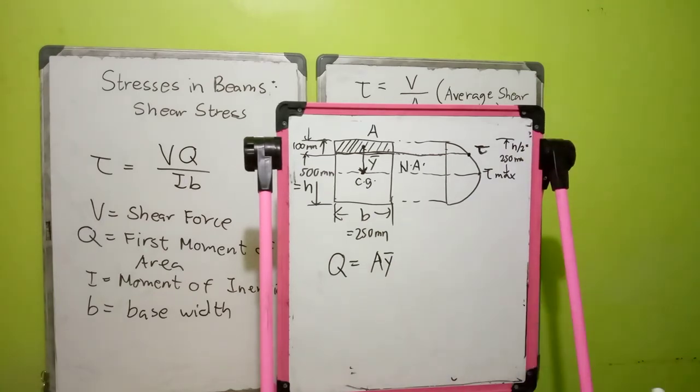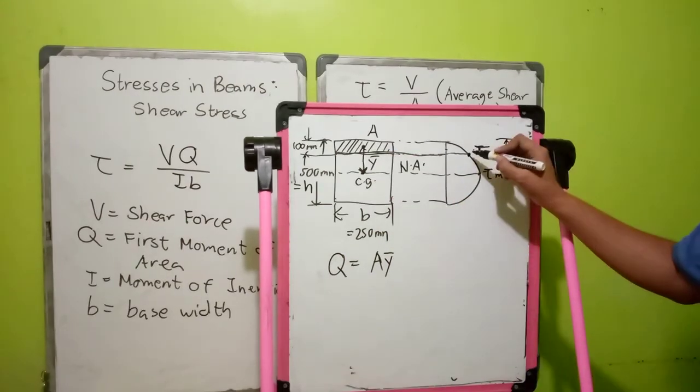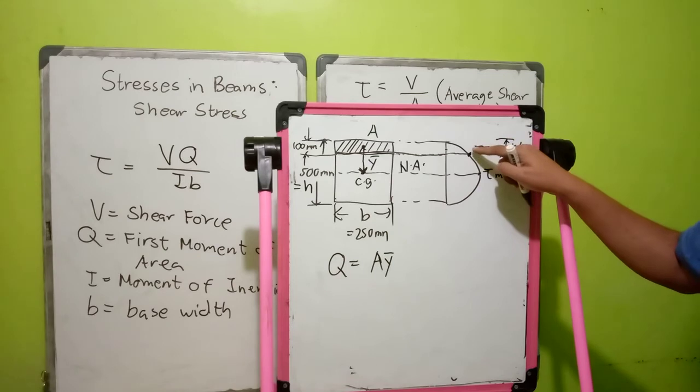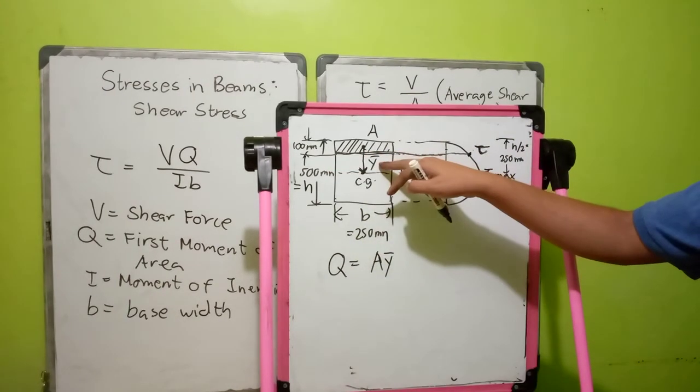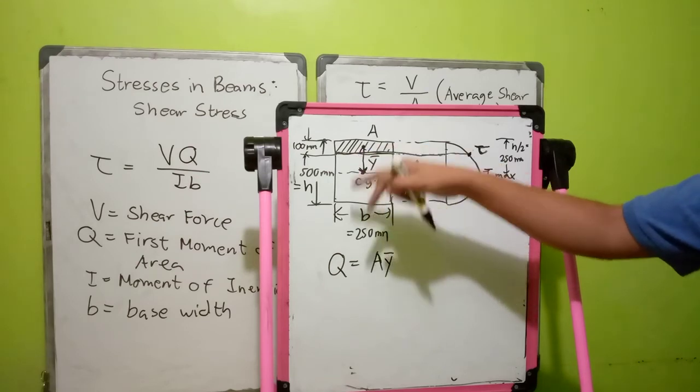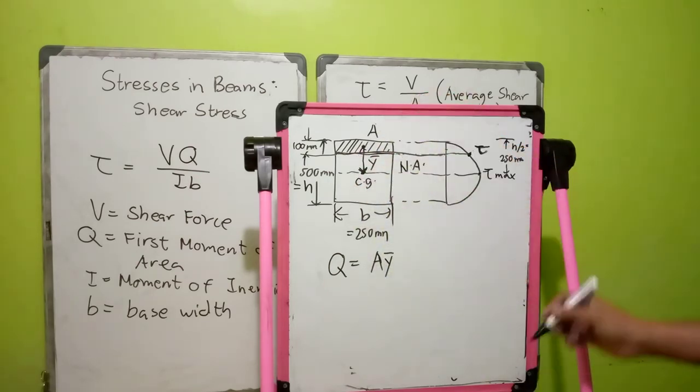So that is how you compute your Q, or your first moment of area. From this figure, we'll try to compute the shear stress located 100 mm from the top of your beam.